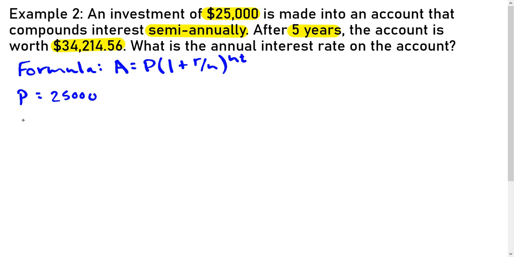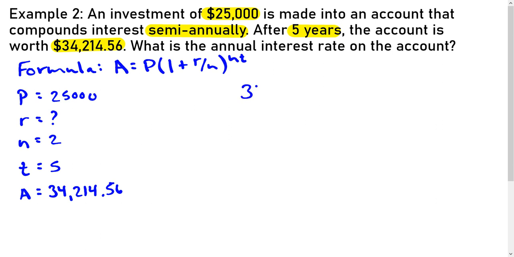We do not know R. That's what we're trying to find. We know that N is 2 because it says semi-annually. We know that T is 5 because it's 5 years. And we also know that the final amount is $34,214.56.